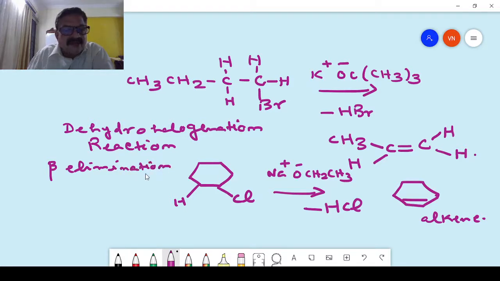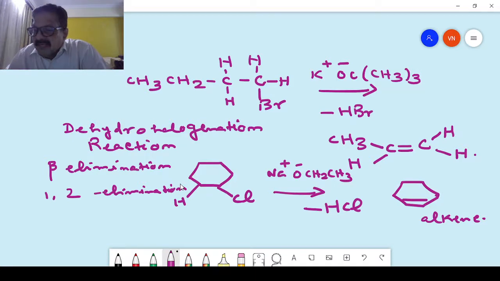It is called 1,2 elimination because elimination takes place from adjacent carbon atoms, that is, elements are removed from two adjacent atoms. It is beta elimination because it involves the loss of elements from two adjacent atoms.